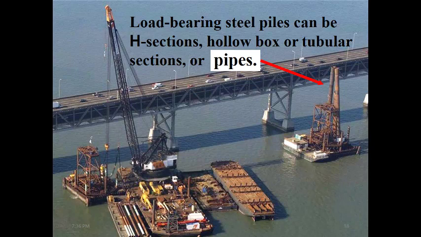As we said, it can be an H section, a hollow box or tubular section, or simply a pipe that can be either driven as is or used as a casing later to be filled with concrete. So options and choices are many and different depending on the application, and it's just a matter of utilizing the right option for a given project.